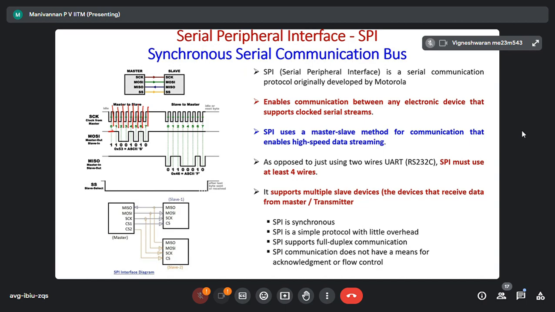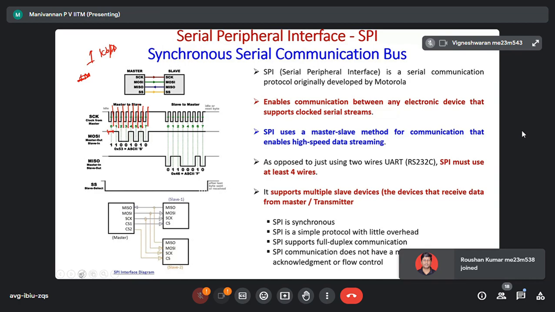In case of RS-232, I told you, if I am transmitting 1 kb per second, okay, so kbps. Since we are talking serial communication, it is called kbps. Let me write clearly.